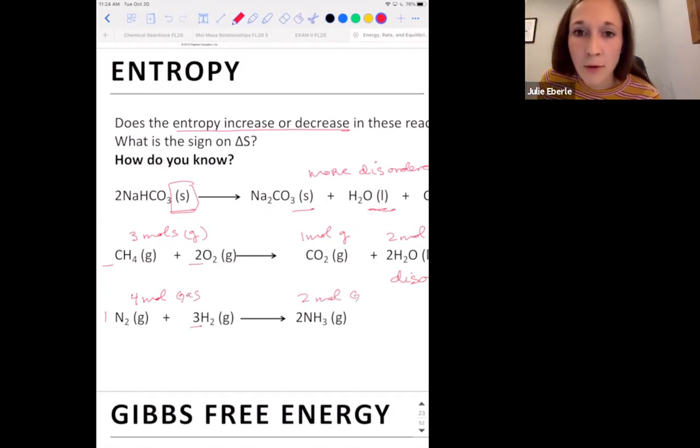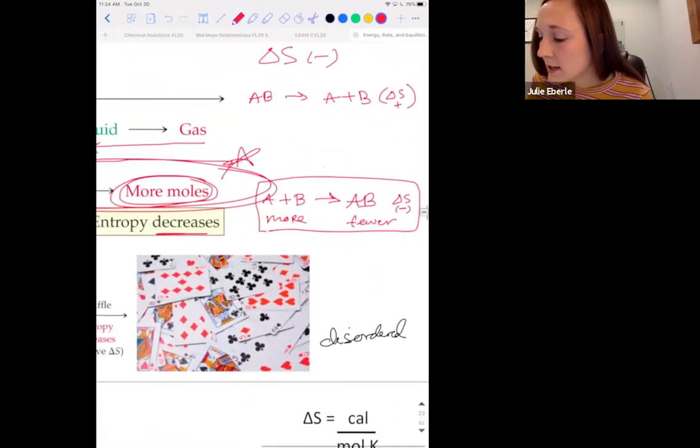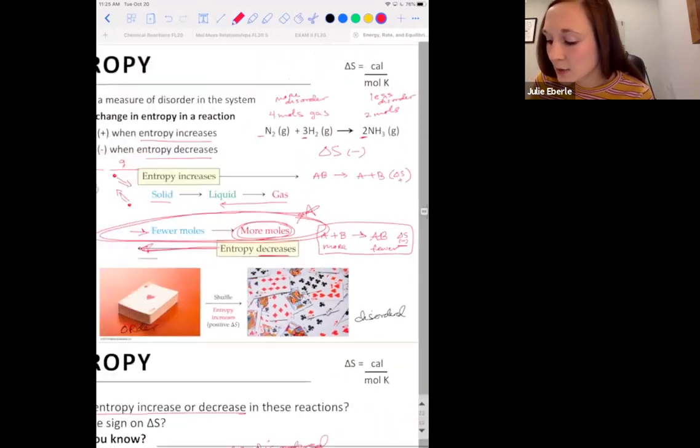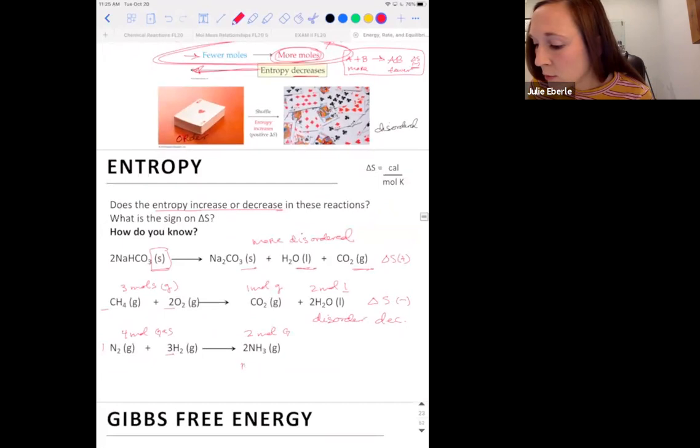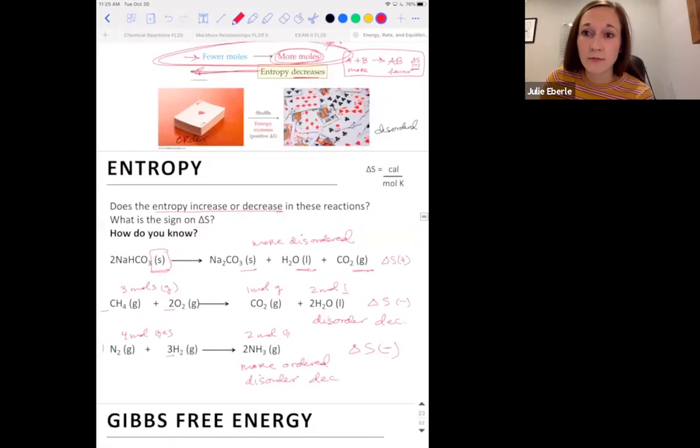Plus, look, this is a combination reaction, okay? And we said a combination reaction right up here is a perfect example of a negative delta S, okay? Disorder is decreasing. We are becoming more ordered on the product side. So therefore, delta S is negative. Disorder is decreasing here. Any questions? You're totally going to have to do this stuff on exam 3.